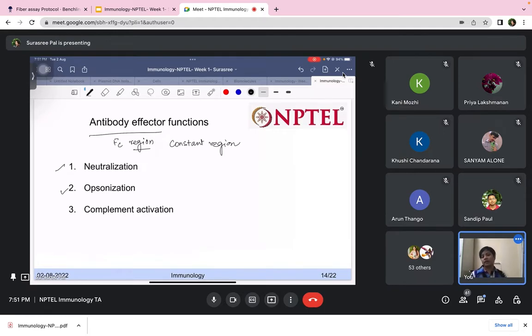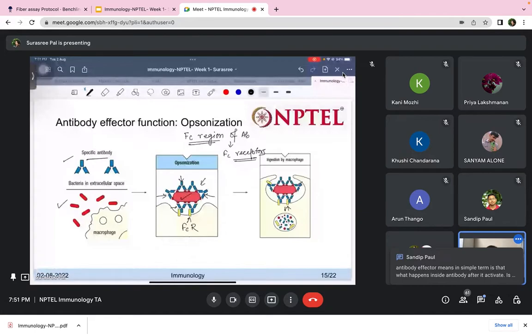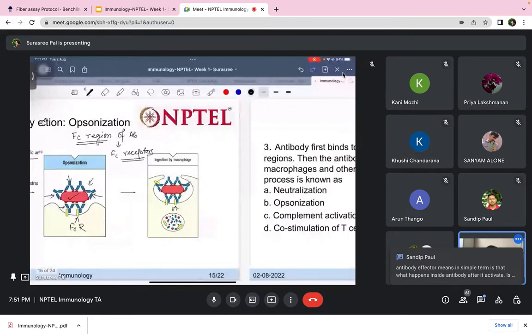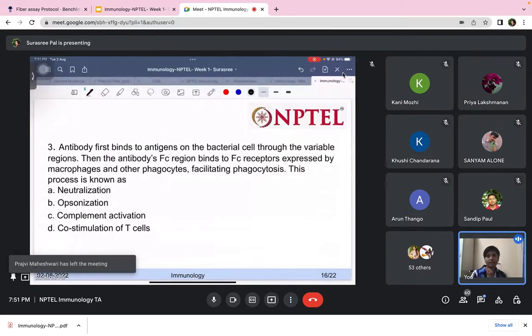All right, so only when they are bound to antigen can opsonization take place. Yes, antibody effector means that when the antigen antibody complex is formed, what happens after that? That is the effective function of the antibody. So what does antibody do? That is its effective function, right?